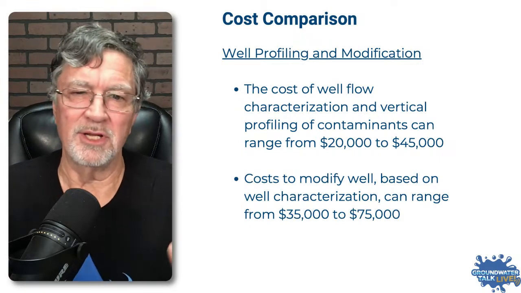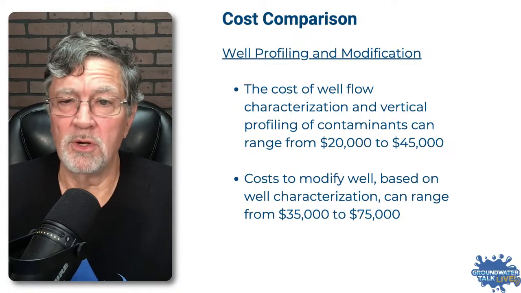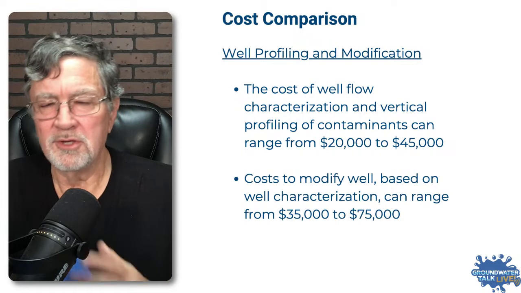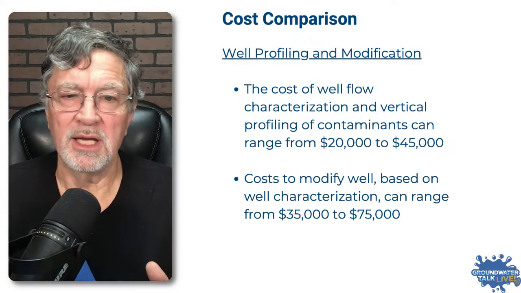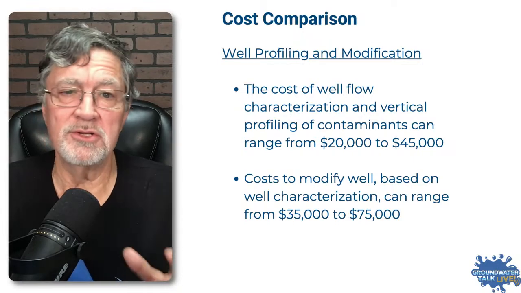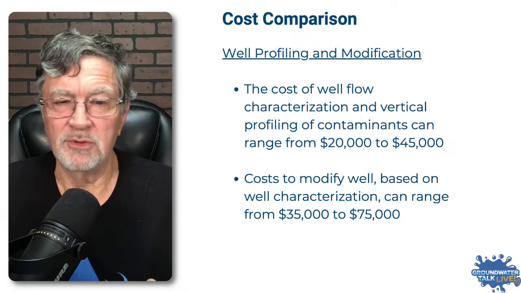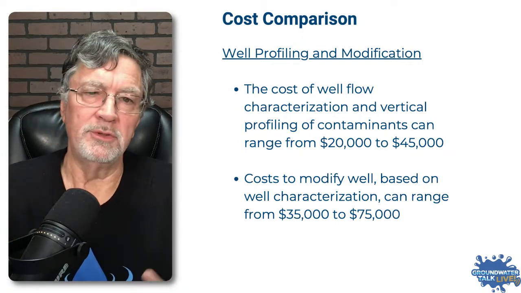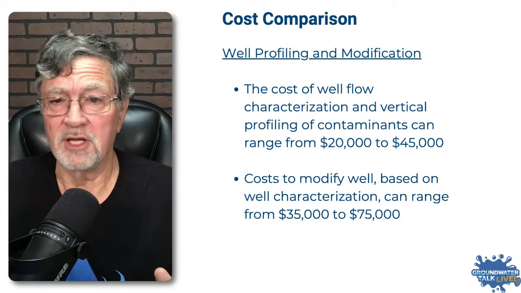We can do casing integrity testing, but those are all going to bump your costs up. So $20,000 to $45,000 to assess the well to determine, one, if it's going to be a candidate for well modification, and two, what zones are problematic and how we would tackle those zones to modify the well to reduce the contaminants coming into the well.